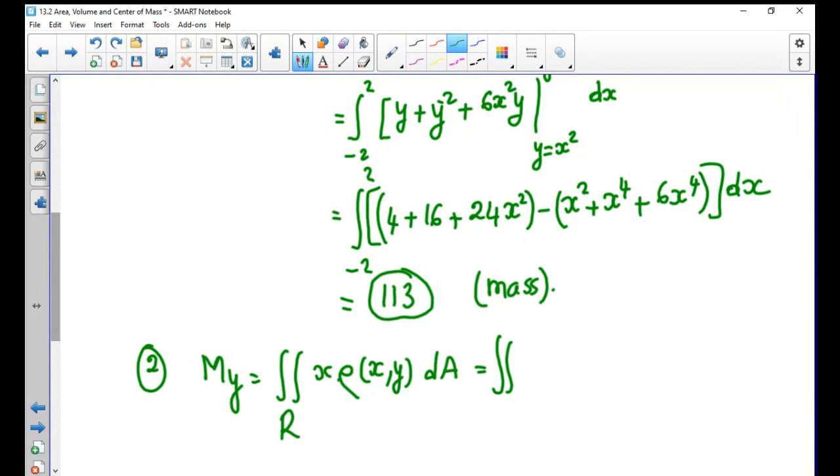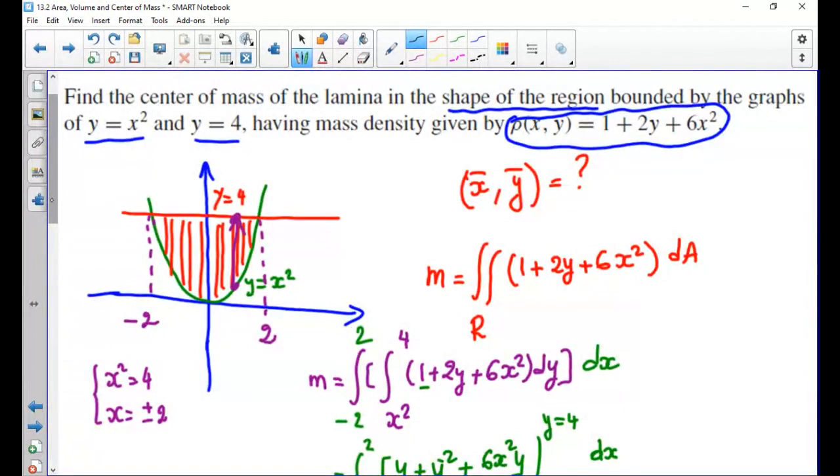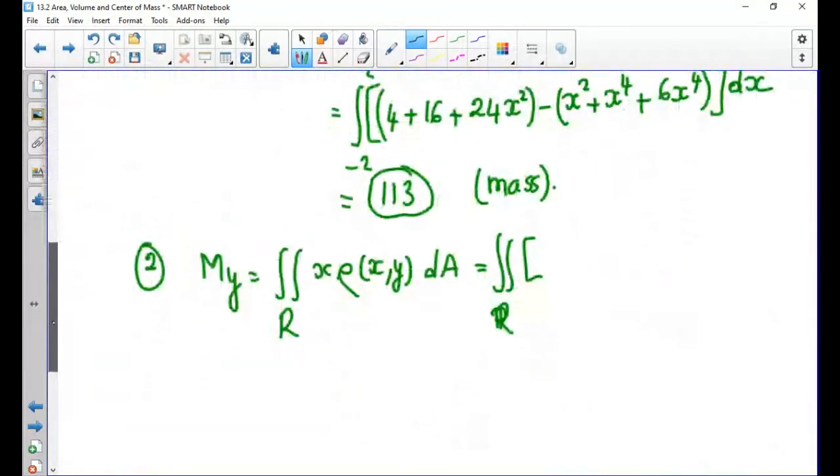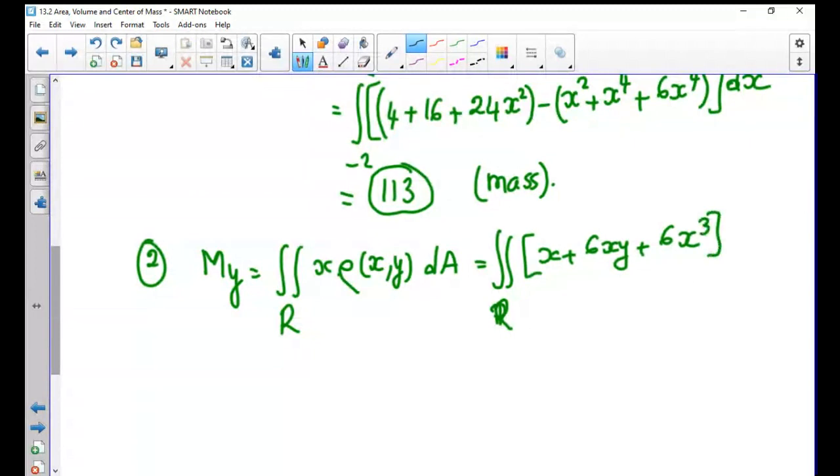So we multiply x by the density, rho. So it will be x plus 2xy plus 6x cubed, yeah?